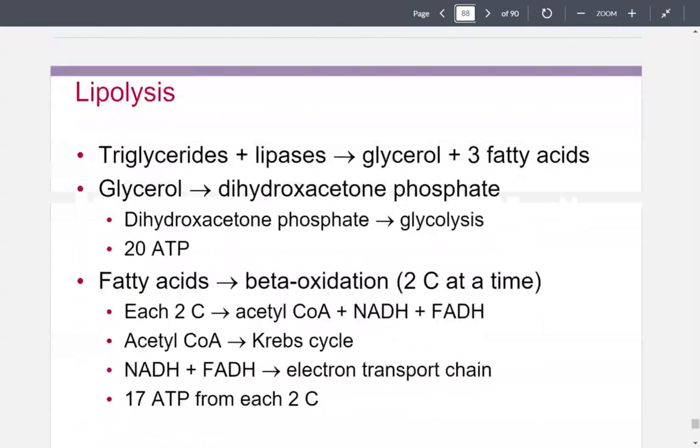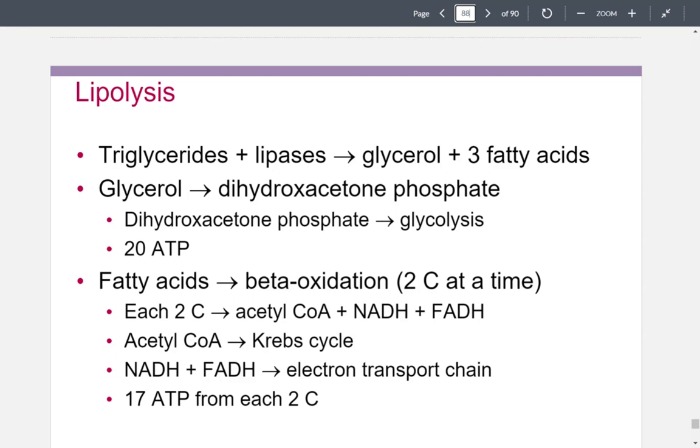That breakdown is going to occur with lipase. Lipase is going to separate the glycerol from the fatty acids. Eventually, that glycerol will become dihydroxyacetone phosphate, which will go into glycolysis. Glycerols give off 20 energy, 20 ATP.